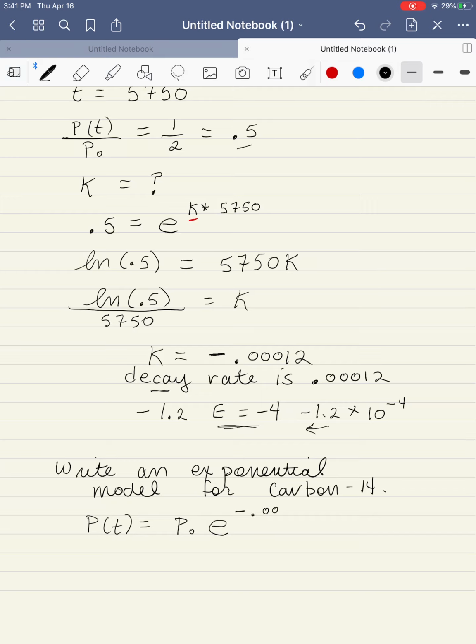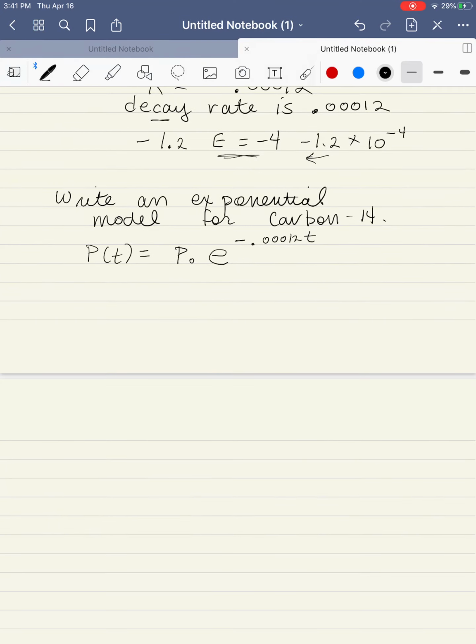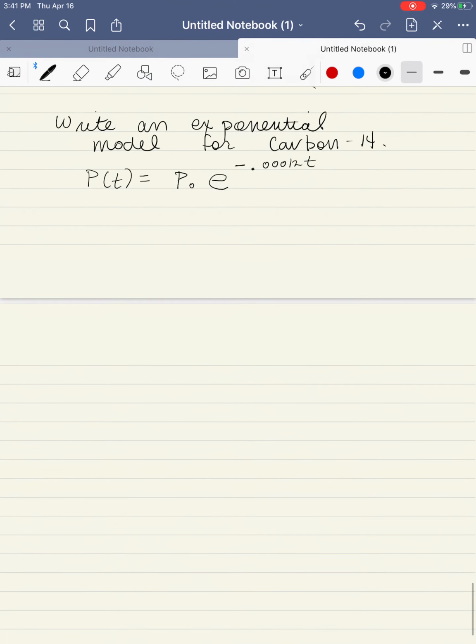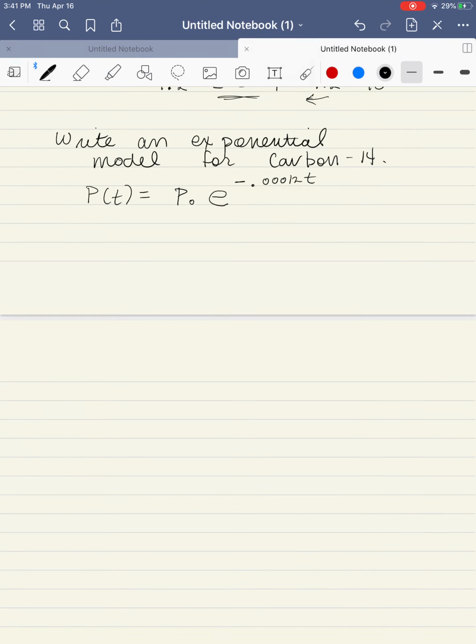So we have P of T equals our starting amount, P sub 0, e, and we just found out k was negative 0.00012, and we have our T. So that's an exponential model for carbon-14. And we can use this specifically for carbon-14. We can use that model to find out how old things are.